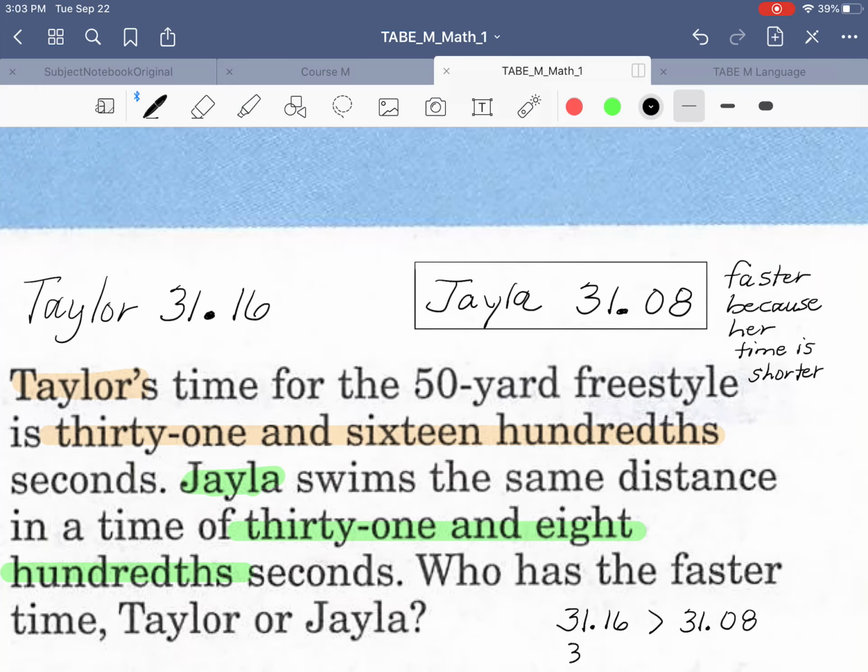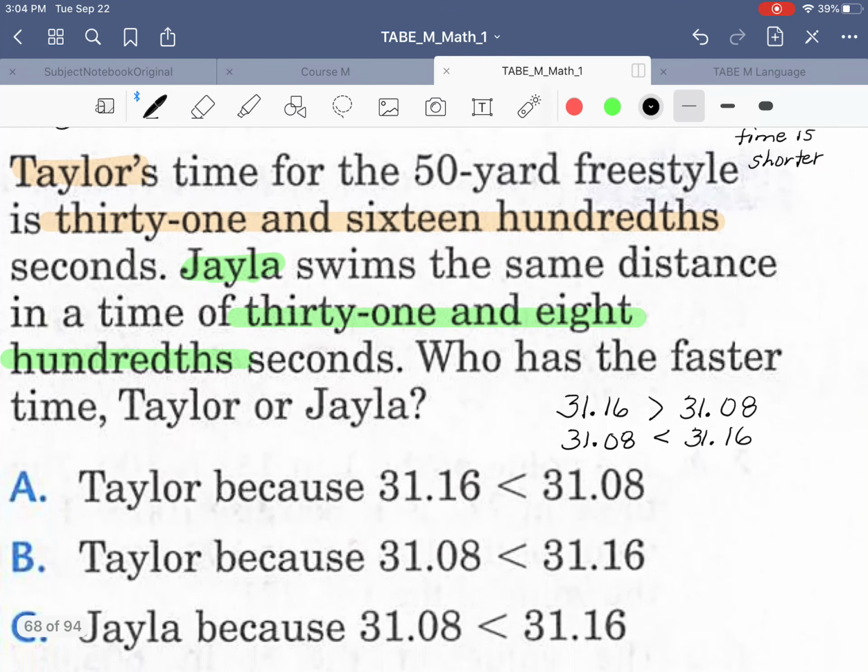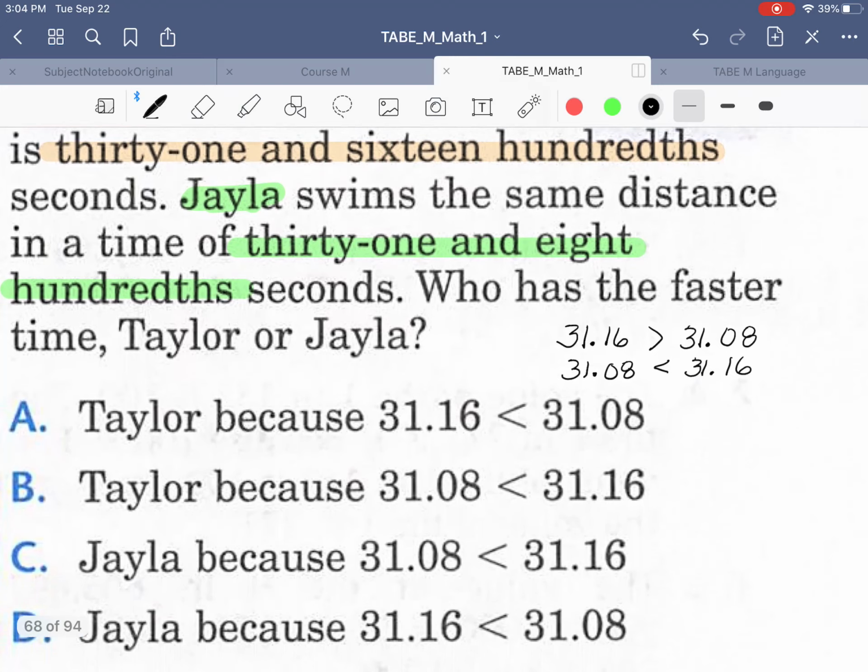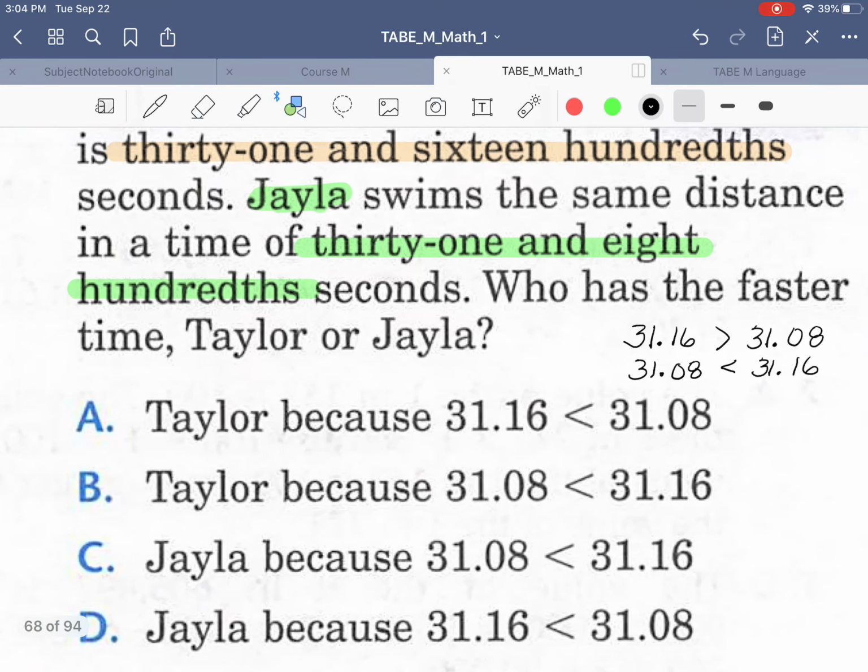Or we could say that 31.08 is less than 31.16. Either of those is true. And Jayla's time is shorter. So I'm liking option C on this one.